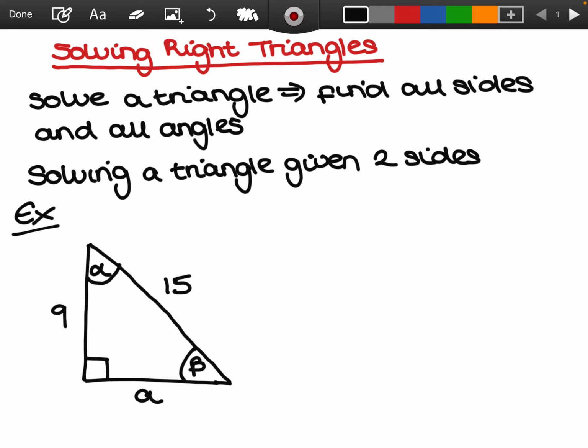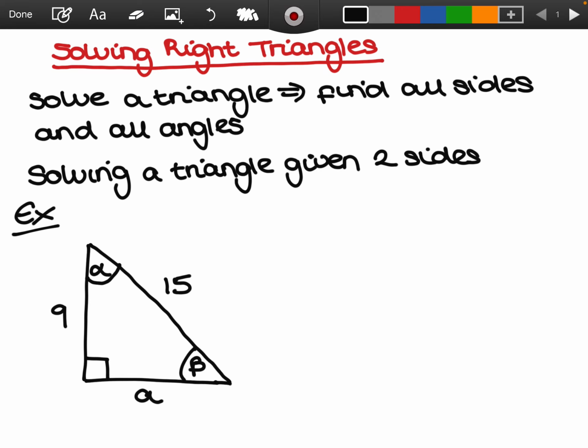Just as a notation thing, what we tend to do is we label angles as Greek letters, alpha, beta, gamma if you need the third angle. The side that is opposite that is going to be labelled with the English letter that's associated with that. So opposite alpha, we're going to have A, opposite beta, we'll have B, and if you had the third angle, gamma, which would technically be the right angle in this case, you would have C that's opposite that.